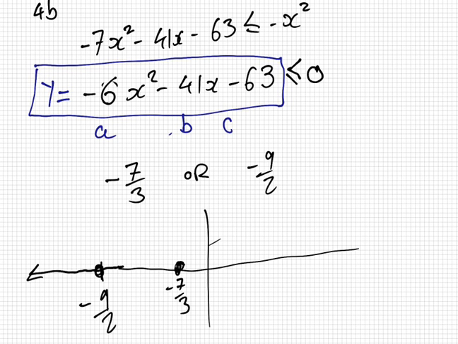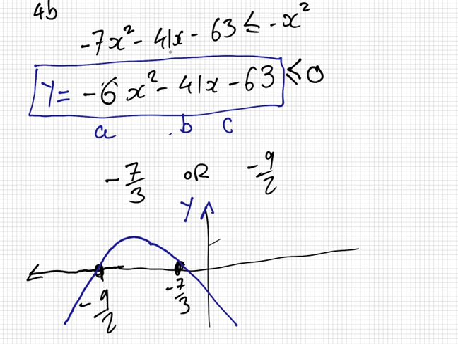Now, what shape is this quadratic? Is it a U shape or a hill shape? No, hill shape. Because of the minus. So it goes like this. Okay. Now this is the y-axis.